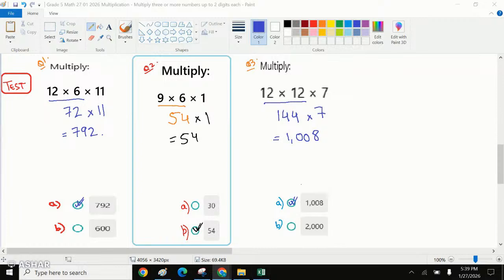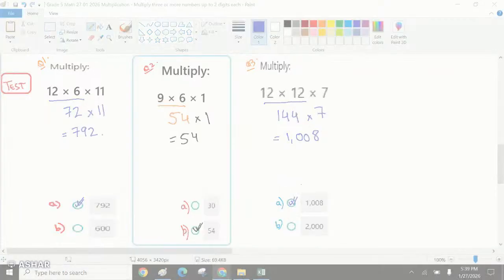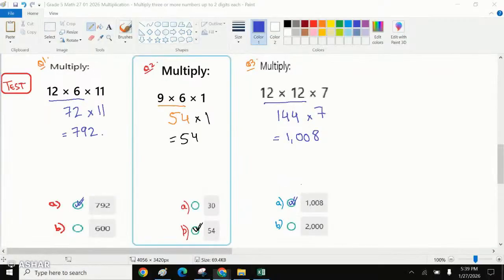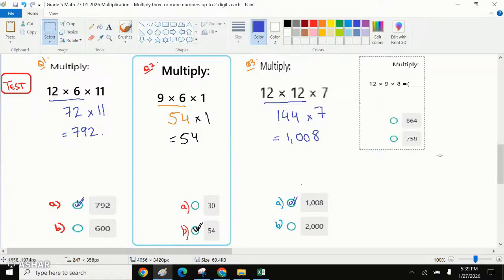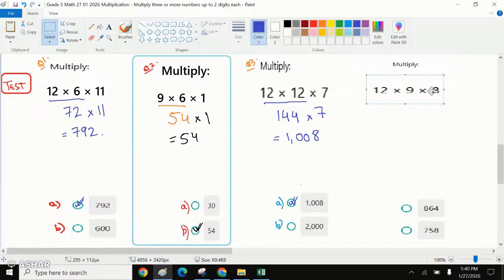The next question we have is multiply 12 multiplied by 9 multiplied by 8. This is our question number 4.